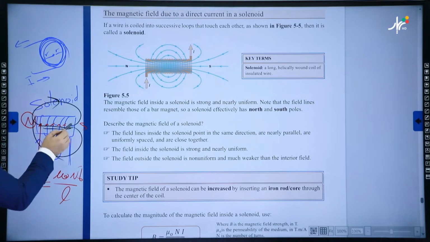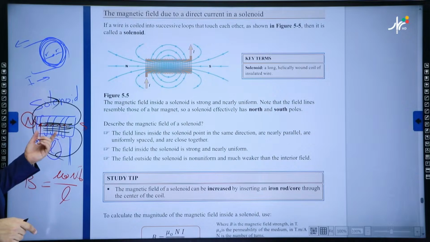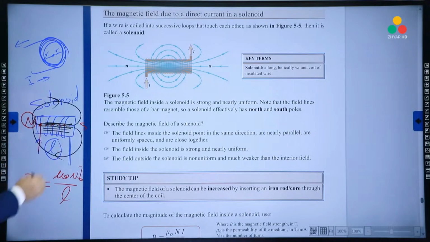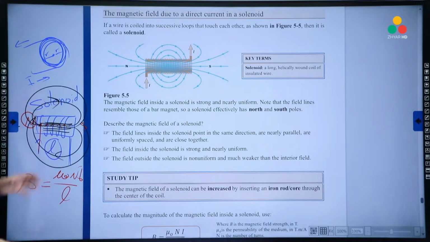But listen, inside the solenoid here, we have all these lines. These are almost parallel to one another, or you can say almost straight, yeah? These magnetic field lines are very close to one another inside the solenoid, and they are less close in the outer magnetic field.